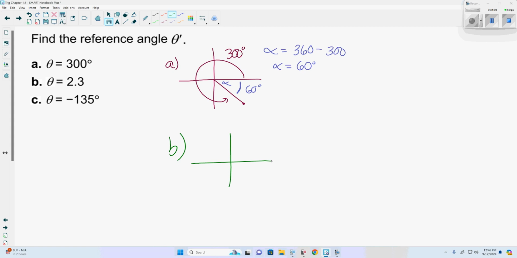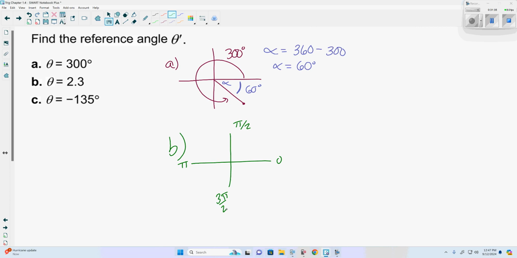Are you ready for the second one? Second one, our angle is 2.3. It does not give us a degree marker, so it's understood to be radians. It's a radian measure. Now our radian measures are 0, pi over 2, pi, 3 pi over 2. We need to figure out which quadrant it's in.